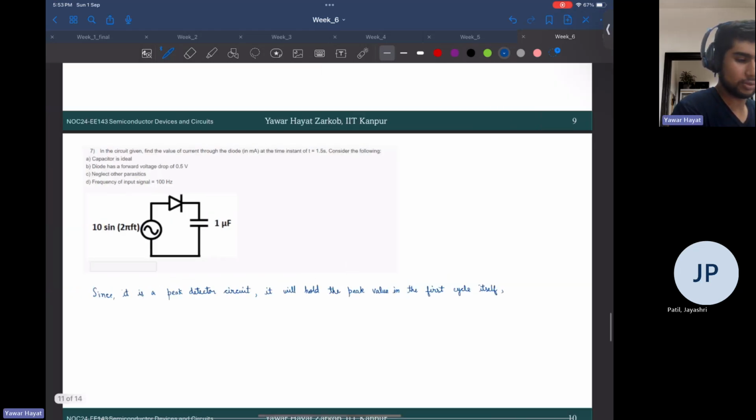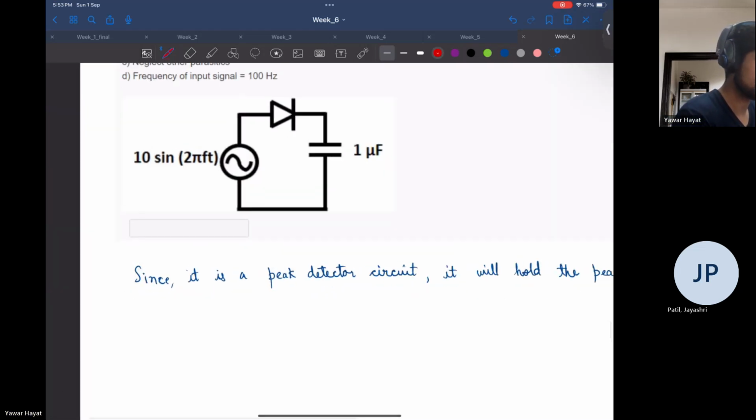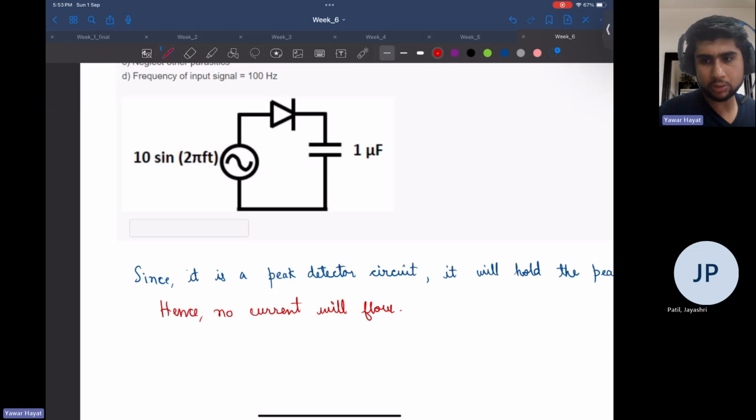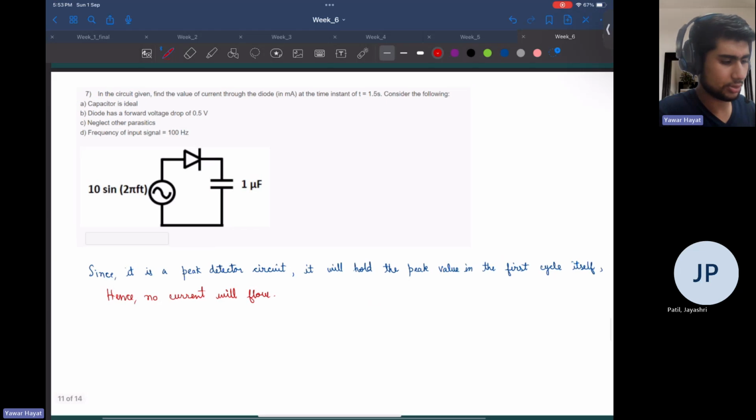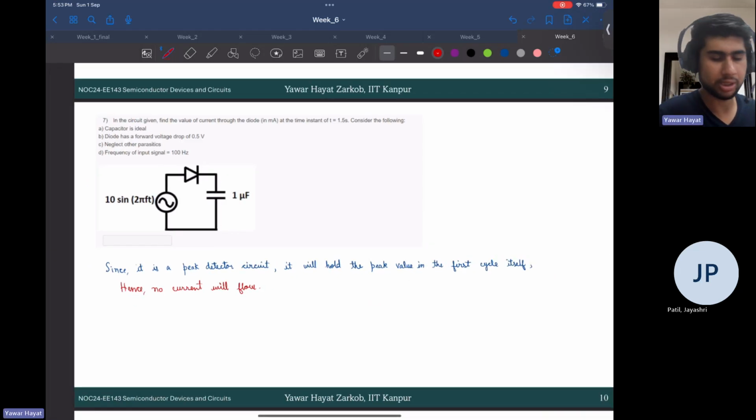Hence, no current will flow. No current would flow. It's a peak detector circuit. It will hold the peak value in the first cycle itself. That's it. So there won't be any current flow.